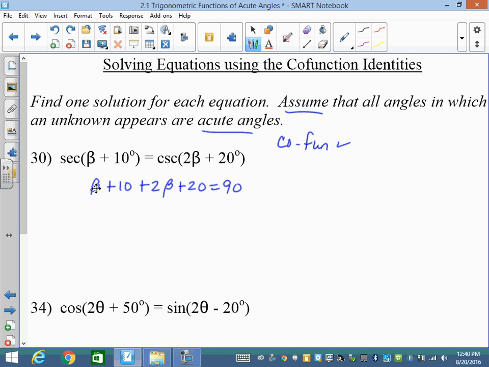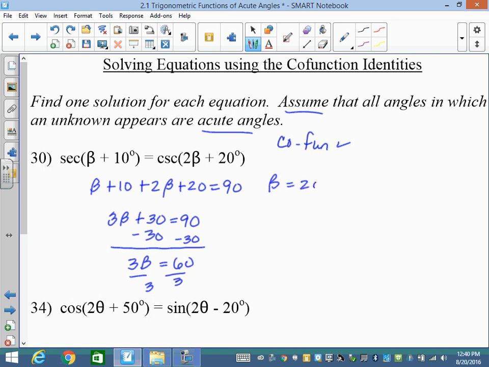Combine like terms. Beta plus 2 beta gives us 3 beta, 10 plus 20 is 30, plus 30 equals 90. Subtract the 30 from both sides, and you get 3 beta equals 60. Divide both sides by 3, and you get beta equals 20.